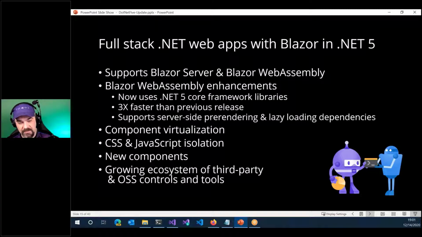There's a couple new components there, including the input radio button that are available for you to work with, and there's a huge, huge ecosystem of third-party and open source controls and tools that just continues to grow. There's a lot of excitement in the Blazor community.